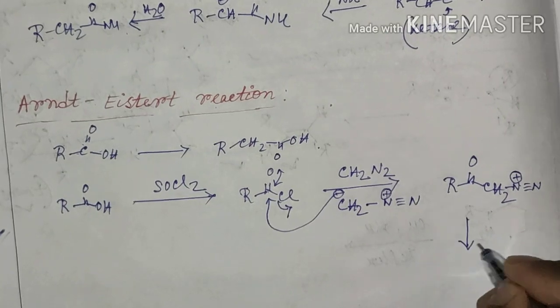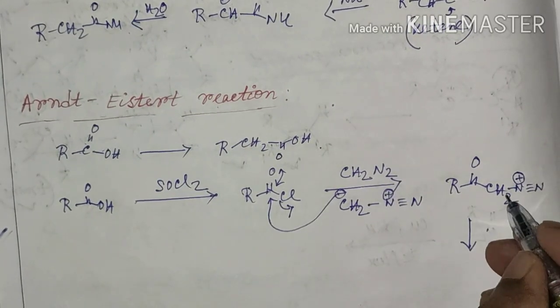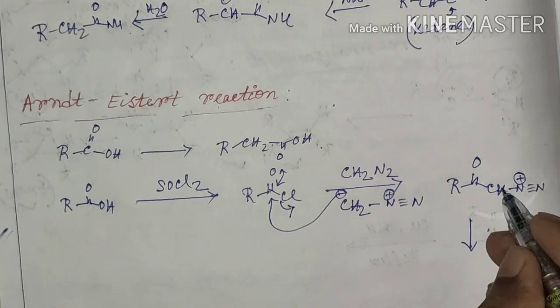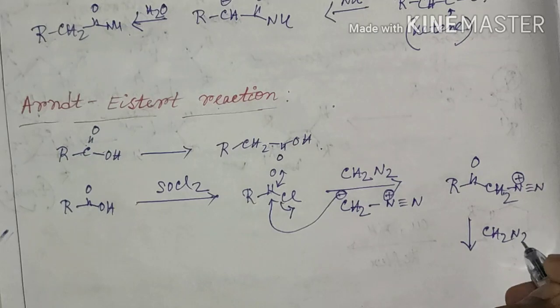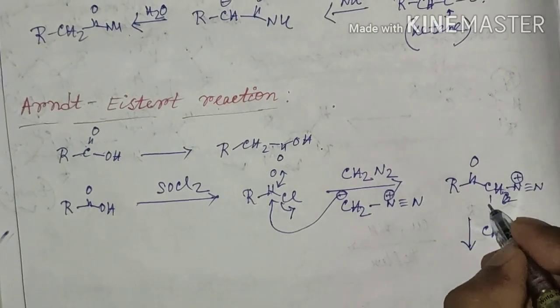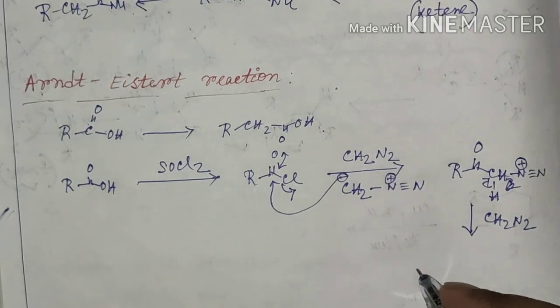And in the next step, another diazomethane molecule will abstract one acidic proton from this methylene position, will abstract one H plus here, and it will form the corresponding anion.